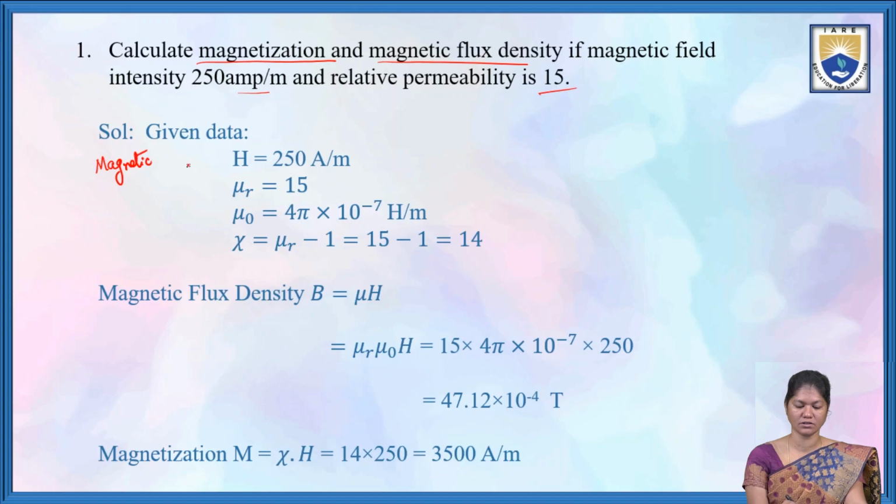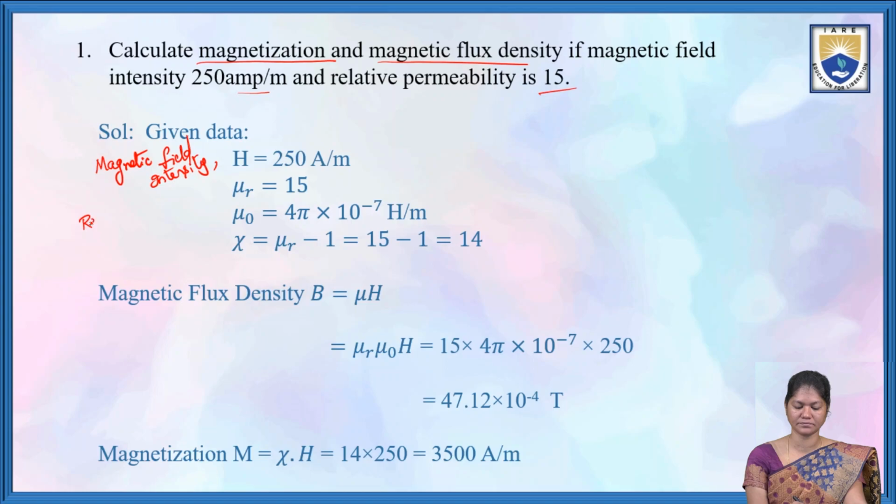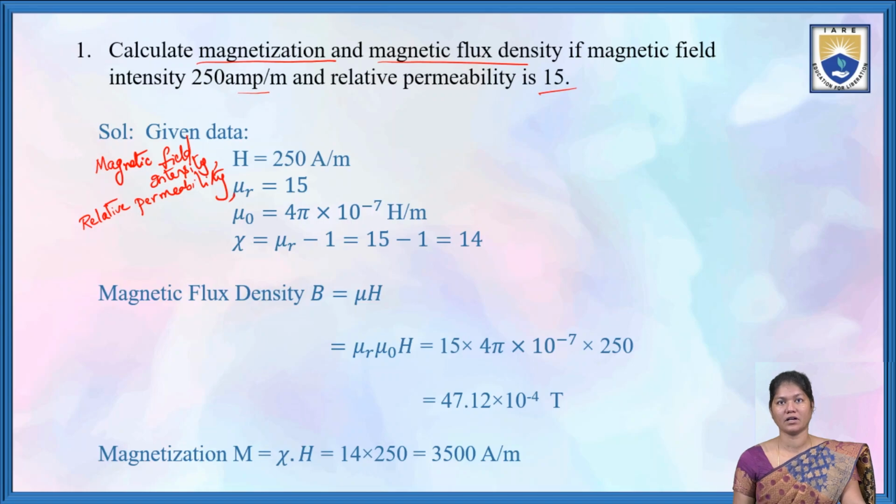Magnetic field intensity H is equal to 250 amperes per meter. Then relative permeability mu r is equal to 15.